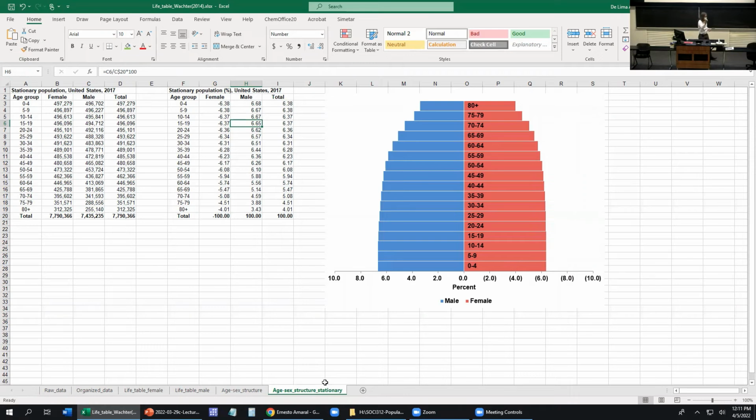But we have to include migration, and we have to update our data on a continuous basis because mortality is varying over time. And the number of people being born and dying is not the same, right? But we start with this, and then we go forward.